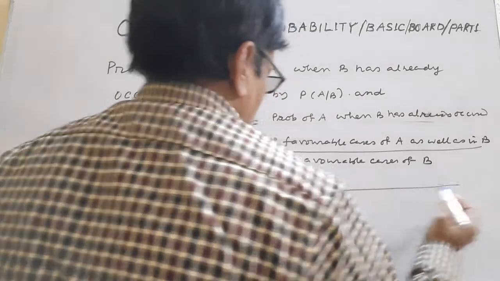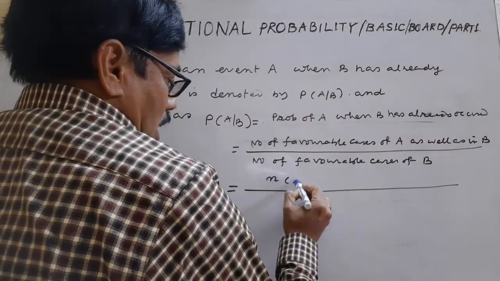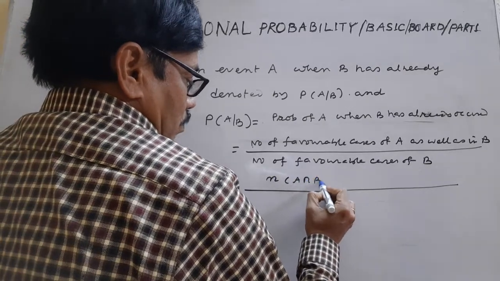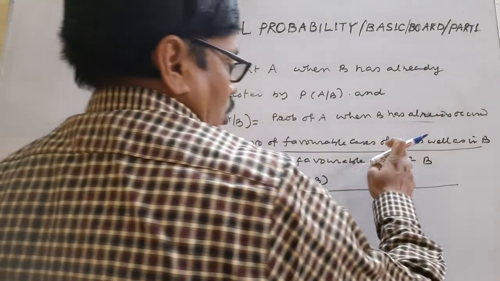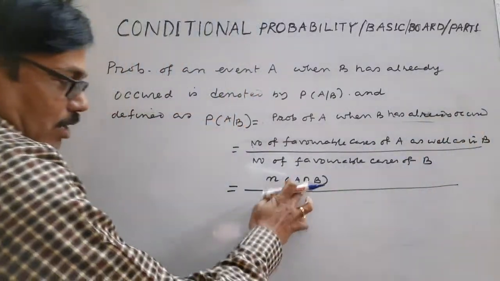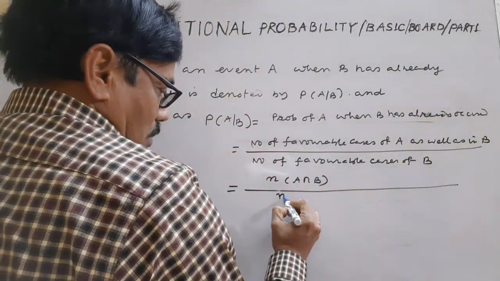So, n(A intersection B), where n is the number of elements, the cardinal number of A as well as B, that is the intersection, by n(B).